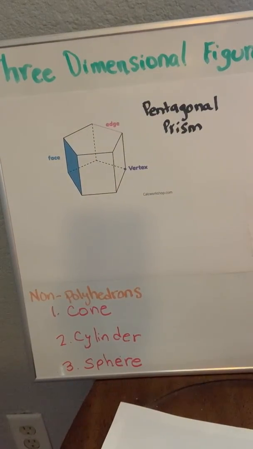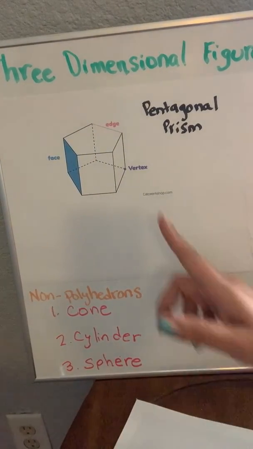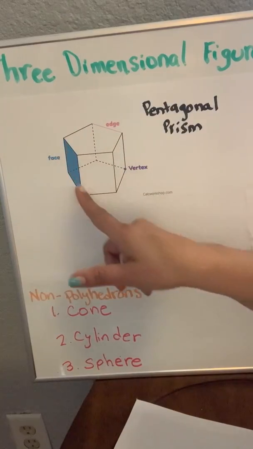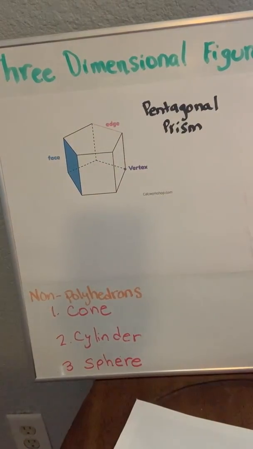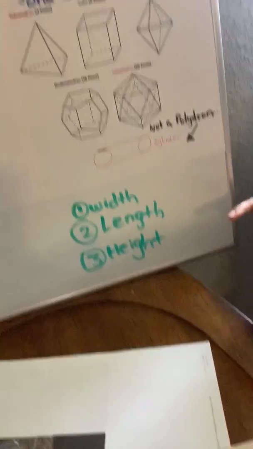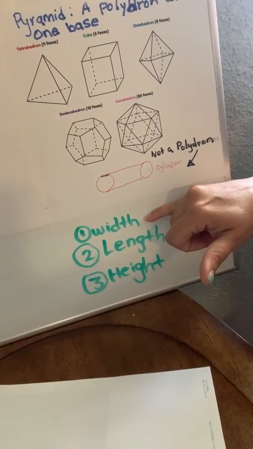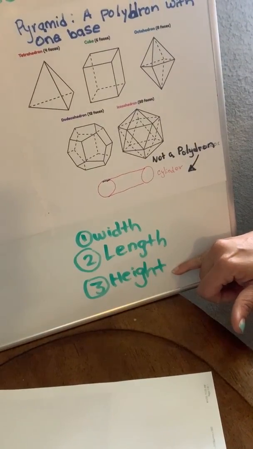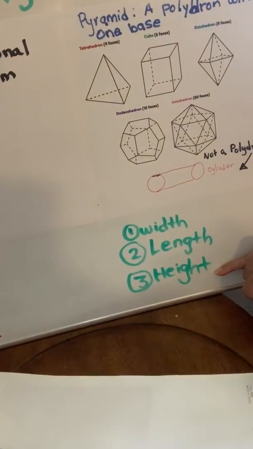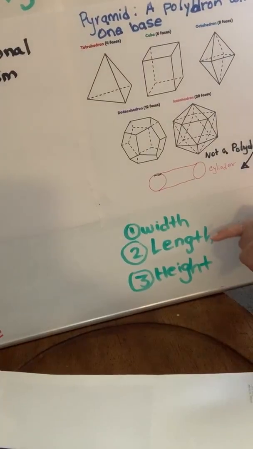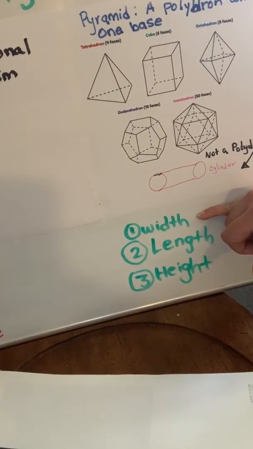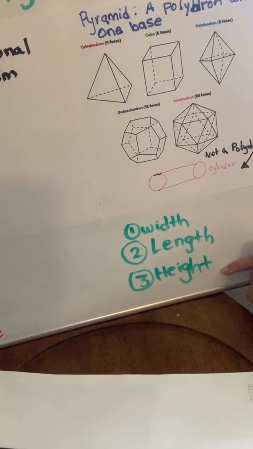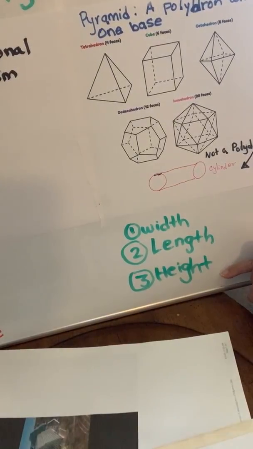Now, in this case, we are talking about three-dimensional figures, so it is going to be a whole big figure that encompasses width, and I don't know if you could see that green part down here, width, length, and height. That is why we say it's three-dimensional, because you have to take into account the width, the length, and the height.